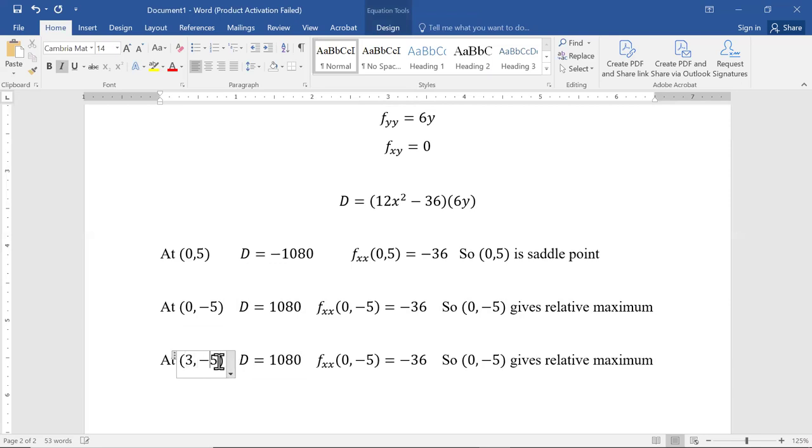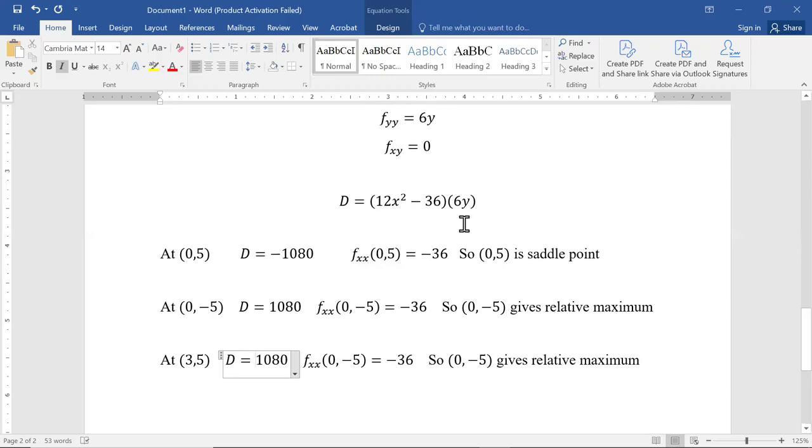Let's do (3, 5). We'll calculate D. So we take 12 times 3 squared minus 36 multiplied times 6 times 5 gives me 2,160.